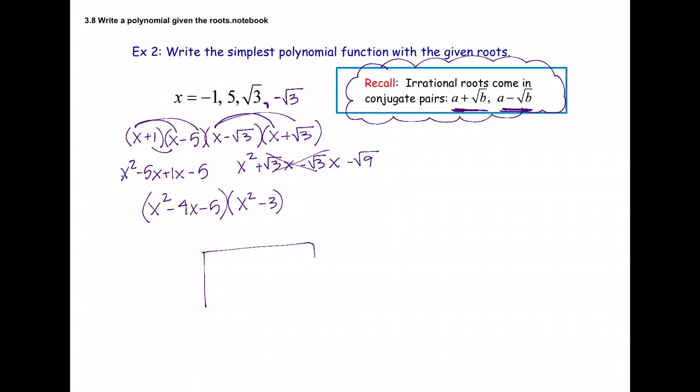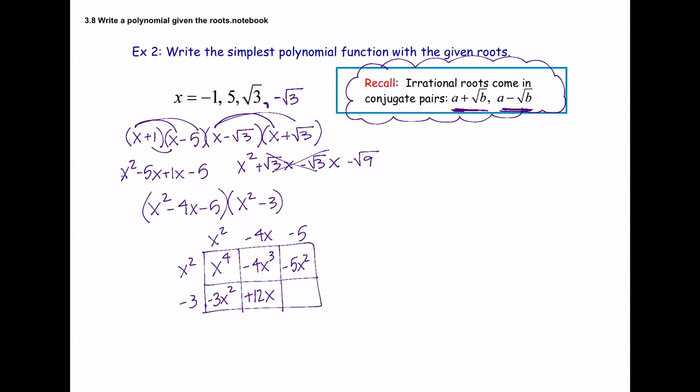I then can make a generic rectangle to distribute these out. X squared, negative 4x, negative 5, x squared, negative 3. I'm going to multiply to see what goes in the box. X to the 4th, negative 4x cubed, negative 5x squared, negative 3x squared, positive 12x, and positive 15.